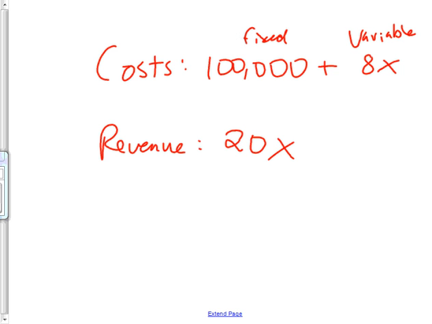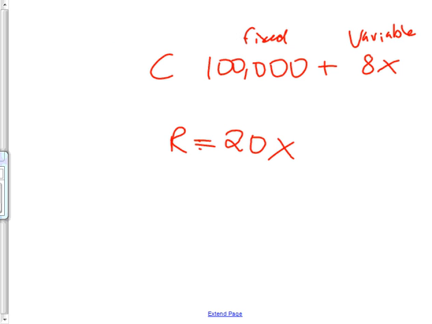And if you're actually going to solve this, you'd probably say R, and you wouldn't say colon, you'd say equals. And then C equals. And what if I asked you for the break-even point? What am I finding then? R equals C. So if I was going to make this into an equation, if R equals C, wherever I see R, I can put that.